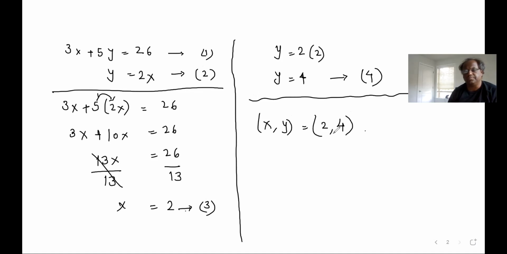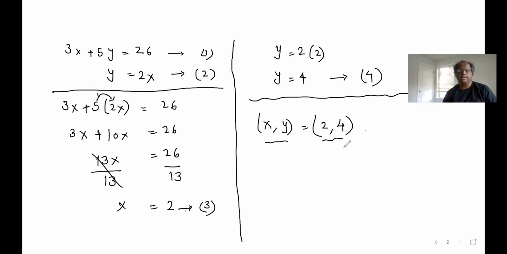But don't forget to write the solution: (x, y) is equal to (2, 4). This is the solution. Now, this is as far as the algebra part is concerned, and probably you know everything over here. The only one point which I want to highlight here is the meaning of this point.